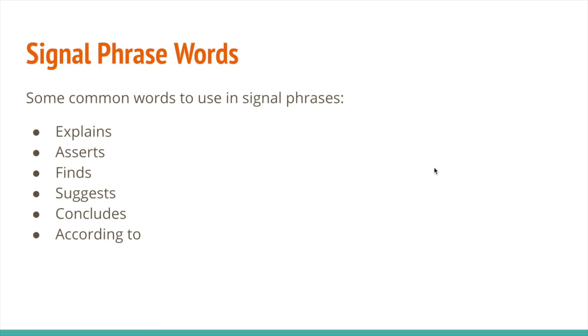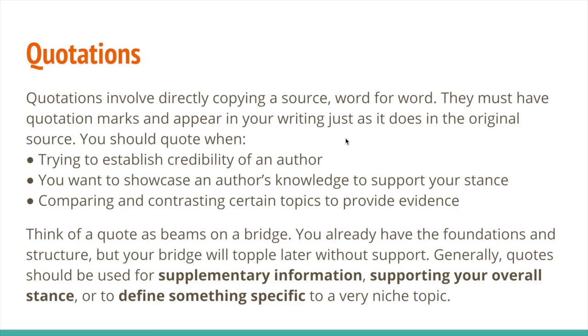So here are some examples of those connecting phrases that you'll want to use in your signal phrases. So you'll start with the author or the source, and then to connect it to the quote, you can use things like explains, asserts, finds, suggests, concludes. One of the pieces of evidence that you're going to use when you're incorporating your sources into your paper is a quotation.